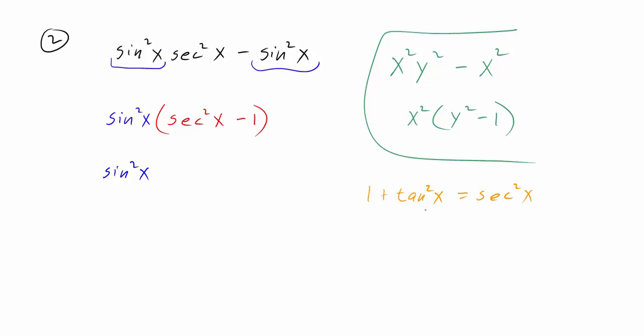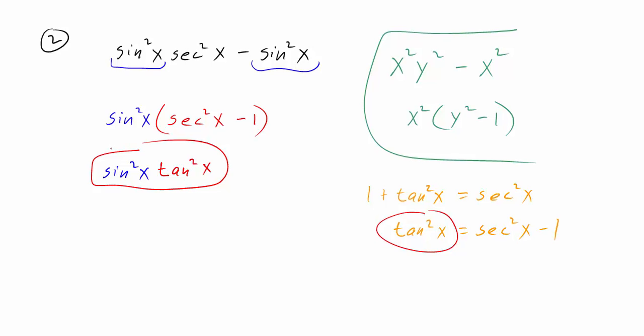So if we were to subtract the 1, we would have tangent squared x is equal to secant squared x minus 1. So then all of that is going to be equal to the tangent squared. And that would be our final answer.